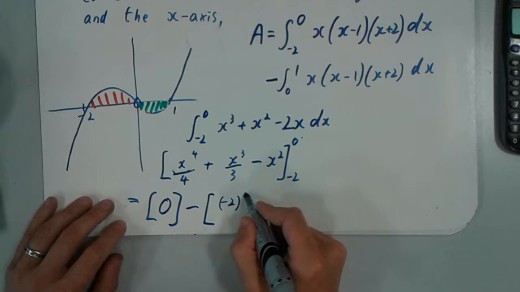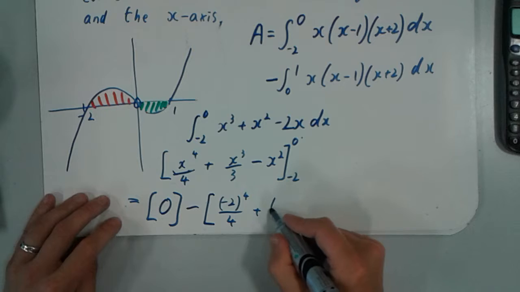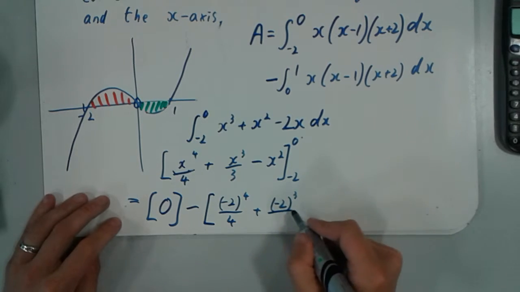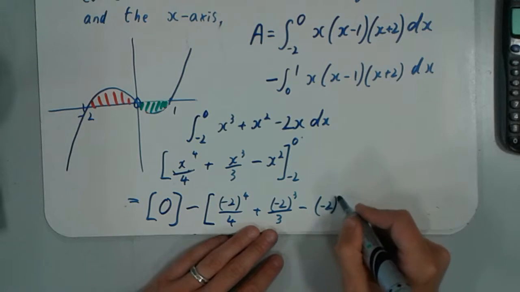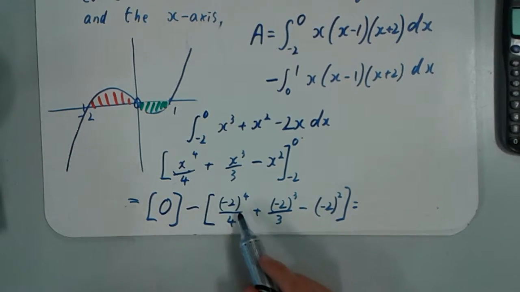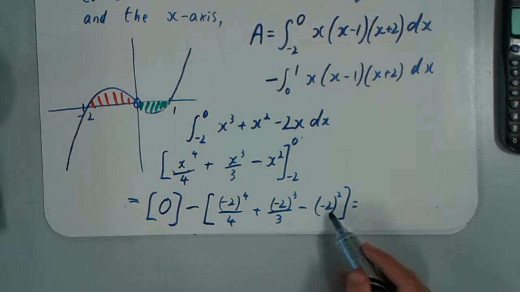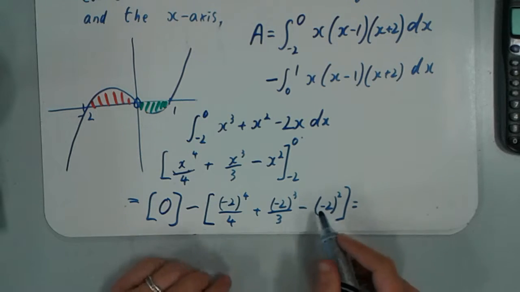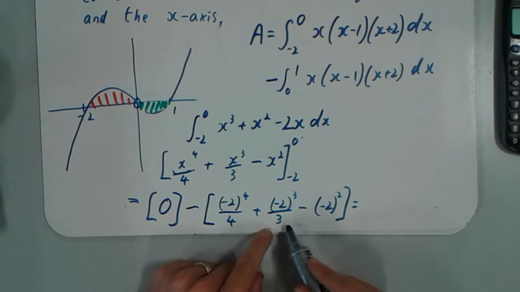minus 2 to the 4 over 4 plus minus 2 cubed over 3 minus 2 squared. That's going to give me positive 2. That's going to give me a negative 2, so they will cancel out and I'm left with minus 8 over 3.